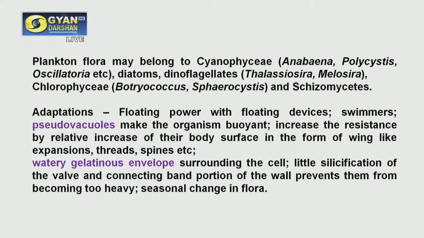A watery gelatinous envelope surrounds the cell, and little silicification of the valve and connecting band portion of the wall prevents them from becoming too heavy. Because they are freely floating, with very light particles, they float along with the water current, so that they can drift very easily.